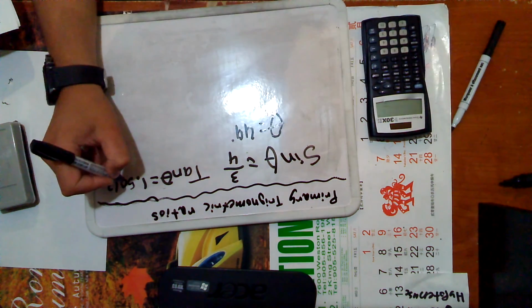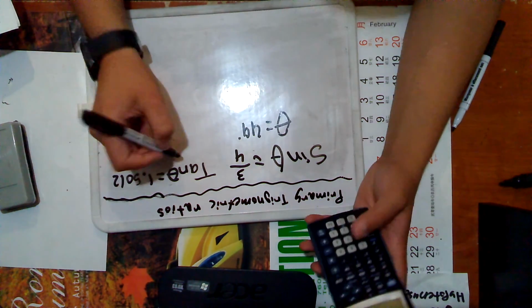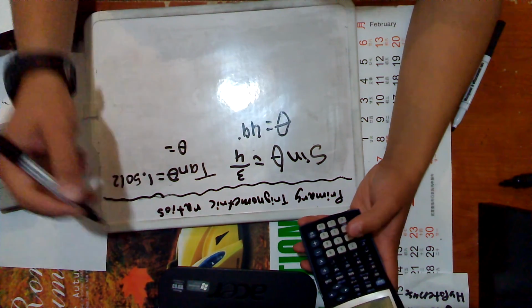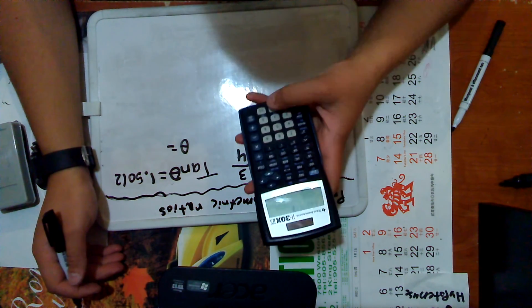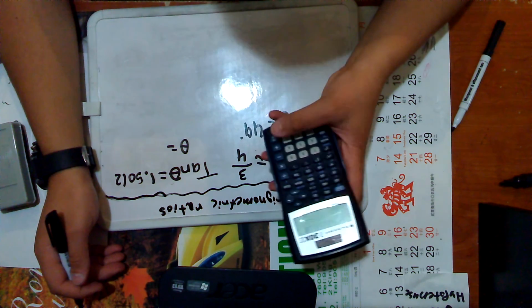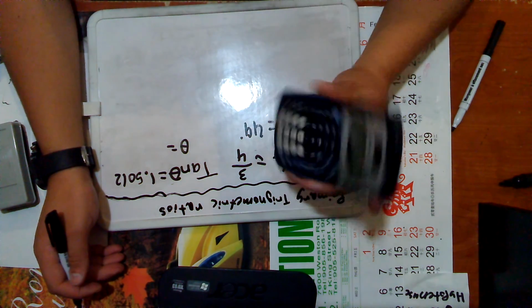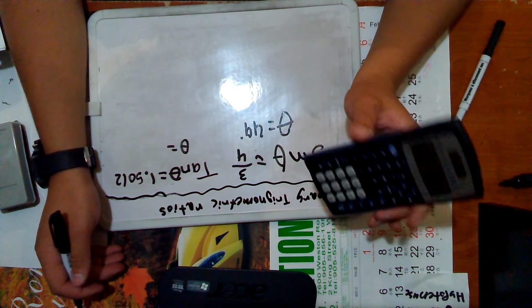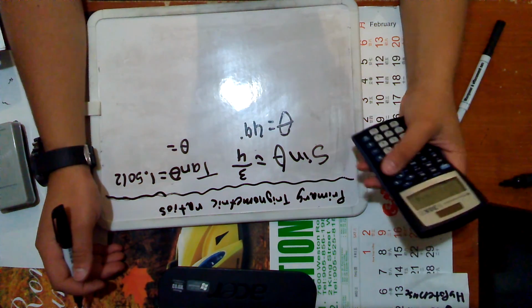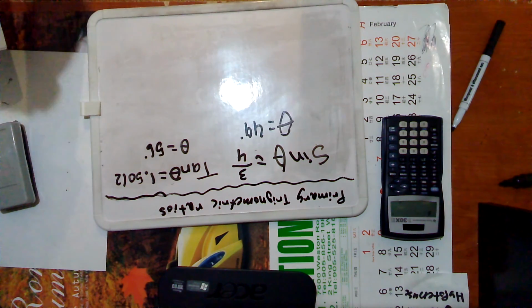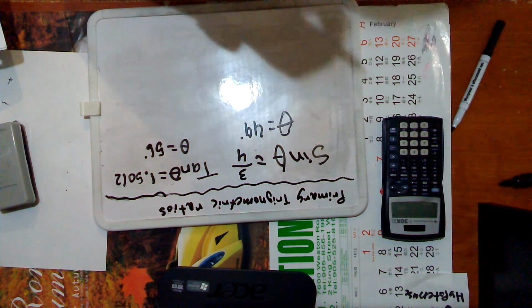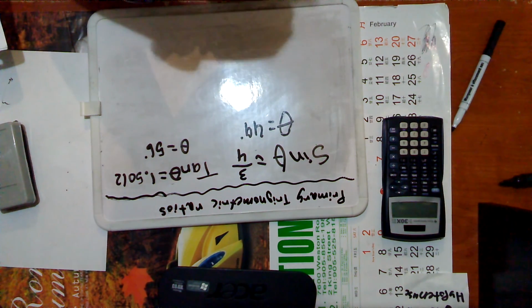Same thing. Theta equals, and do inverse of tangent. 1.5012 gives us 56.33, or another way of saying that is 56 degrees. Done.